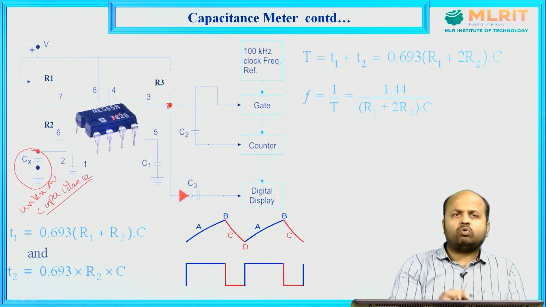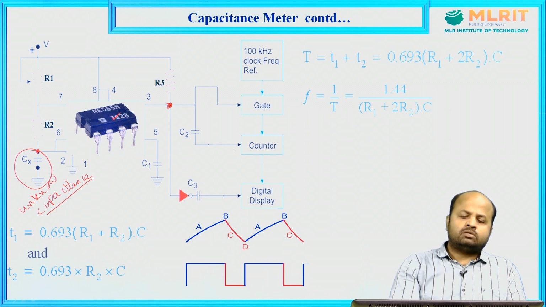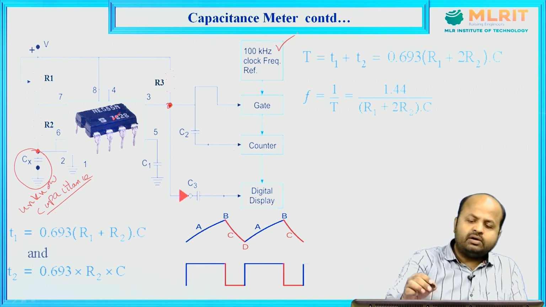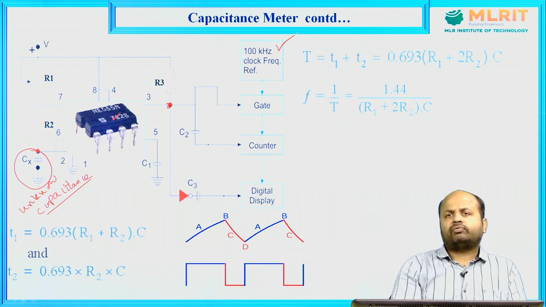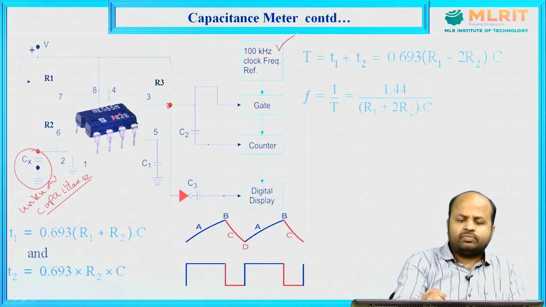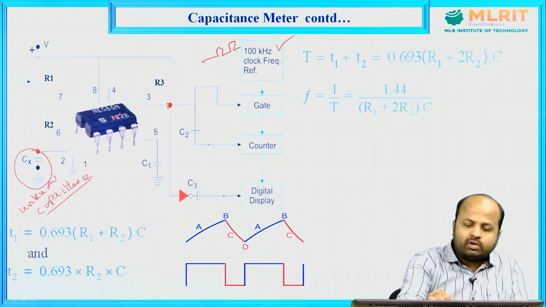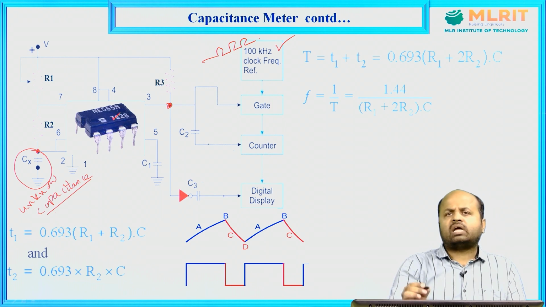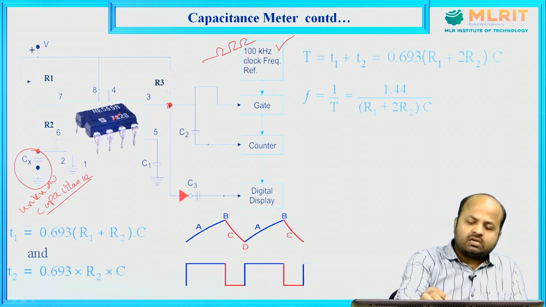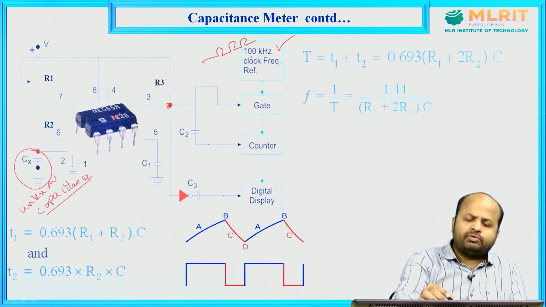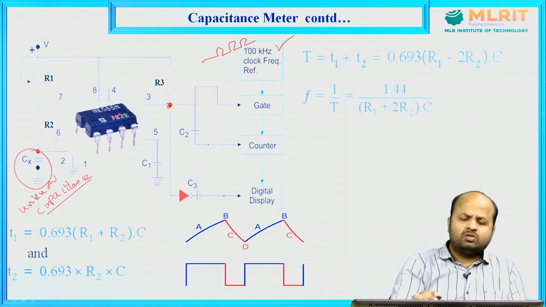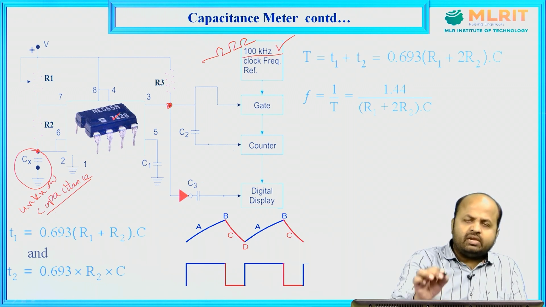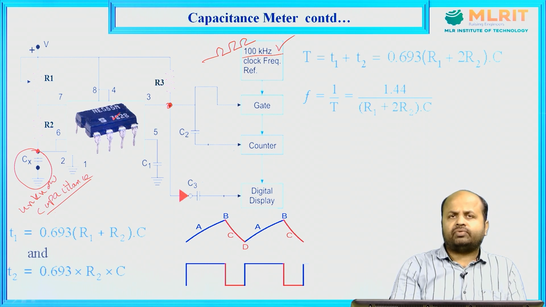How are we going to find it? So first take 100 kilohertz clock frequency. Clock is nothing but a square wave. You can take 10 kilohertz also, 50 kilohertz also. So you take any clock frequency, say 100 kilohertz.